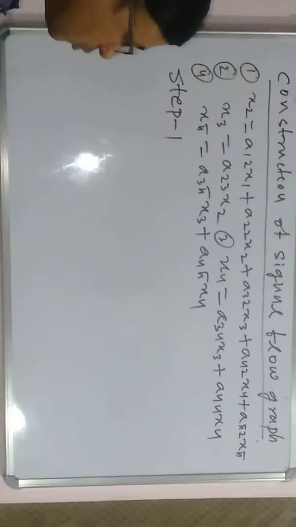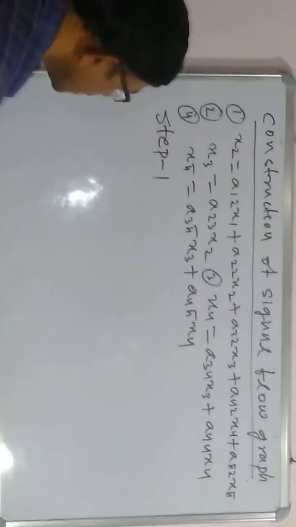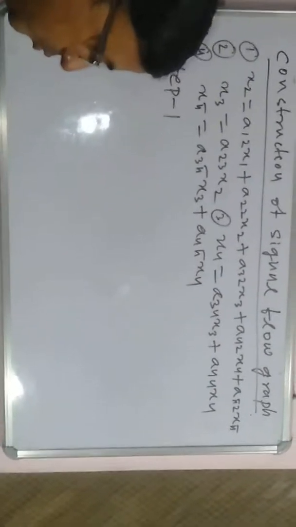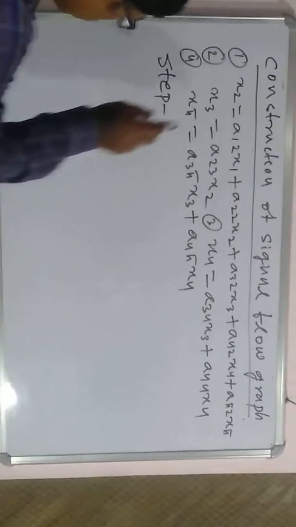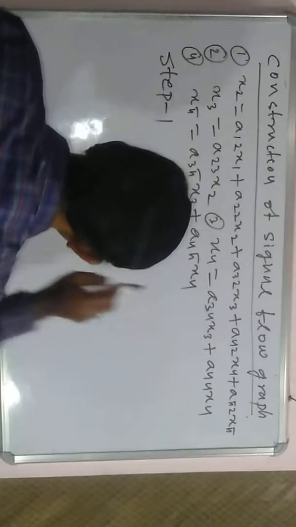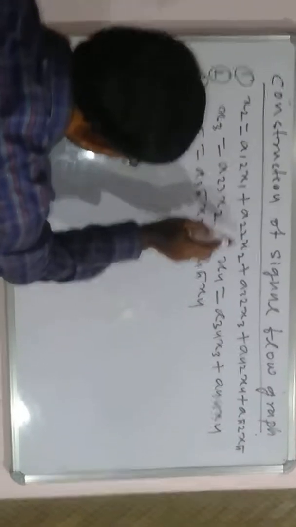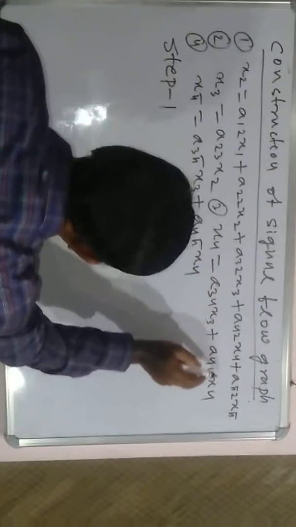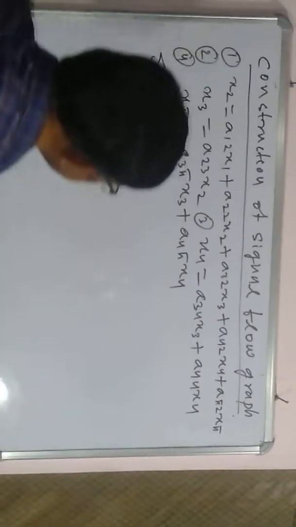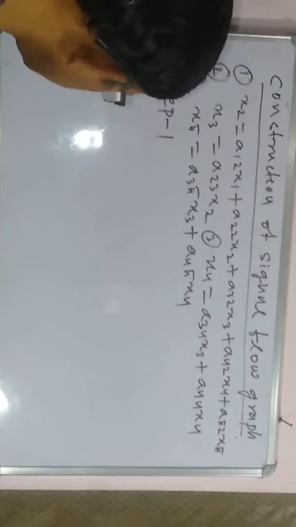I have already told that the number of variables is represented by the number of nodes. Therefore in these equations the maximum number of variables, that is x1, x2, x3, x4, x5, there are 5 variables. Therefore they can be represented by 5 nodes.